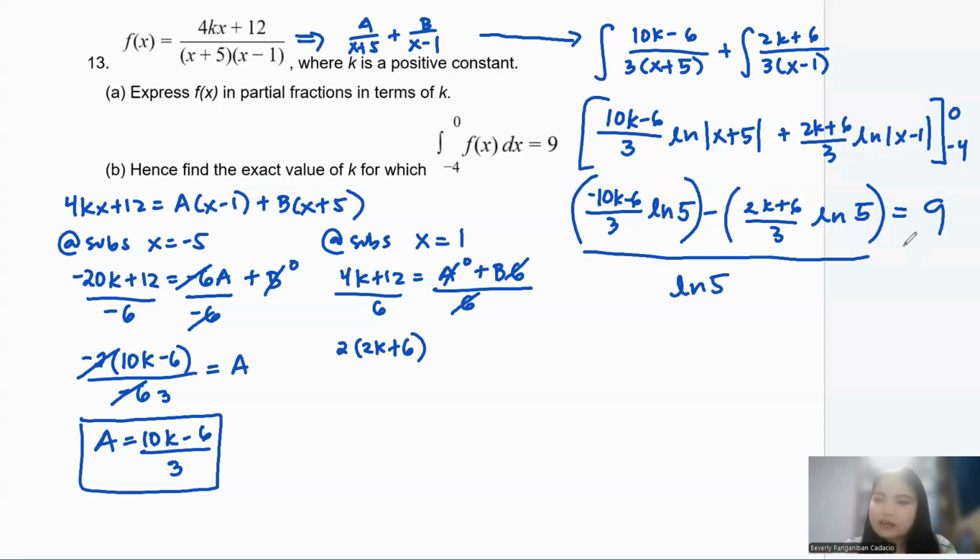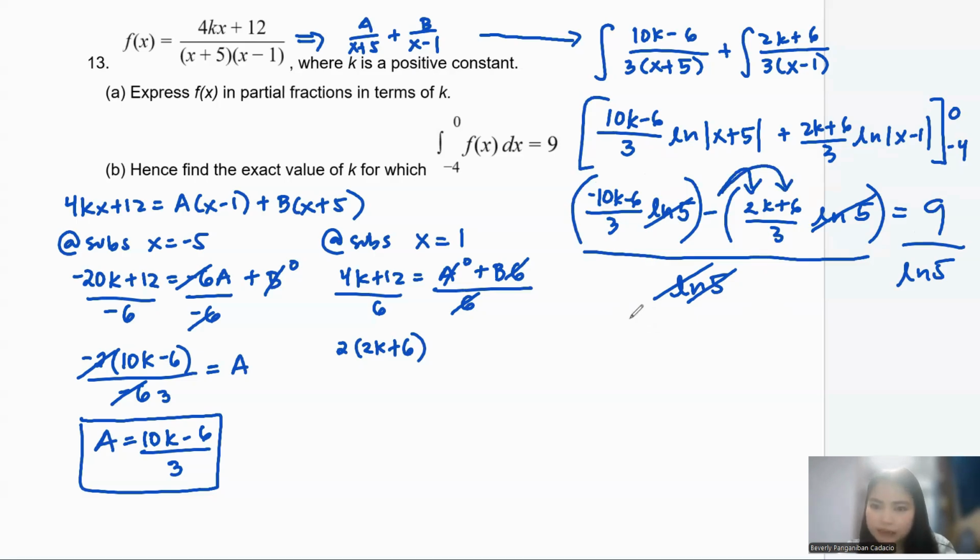You can just factor it out and then show the cancellation here, but just make sure that you will cancel both, yeah? Because they are sharing ln 5. So therefore, I will have 9 over ln 5. And then, I'm not yet done because you still have this and this one. So you can add, just make sure that you're going to distribute your 1 there.